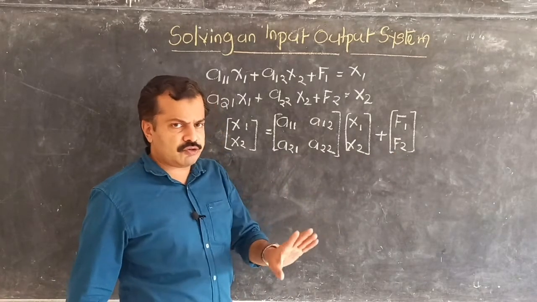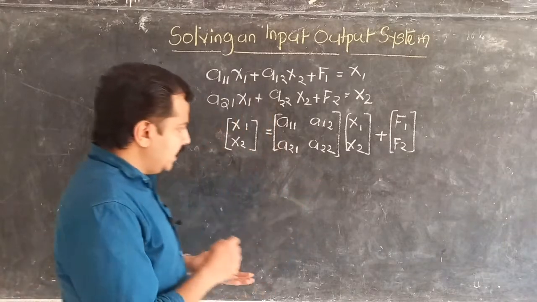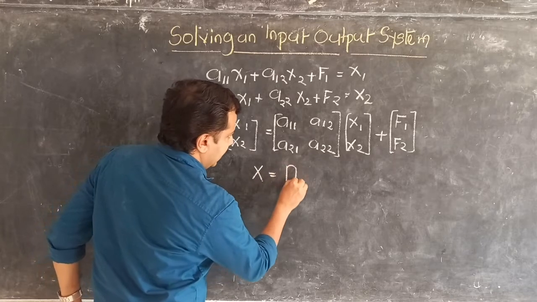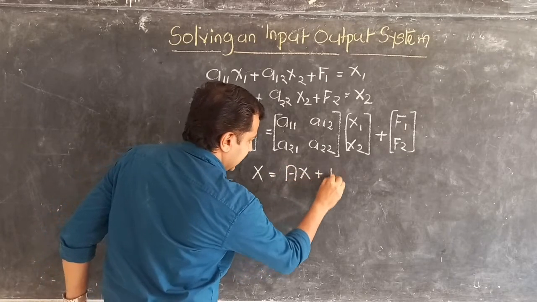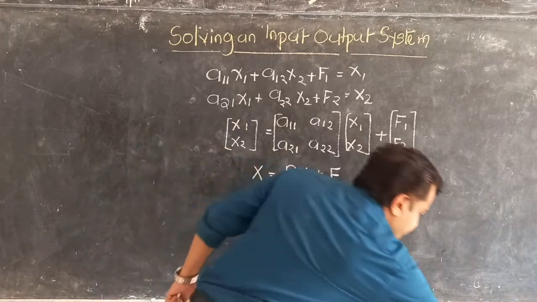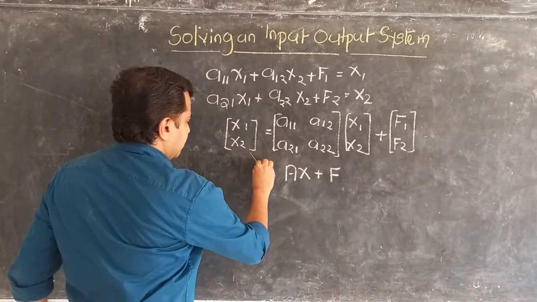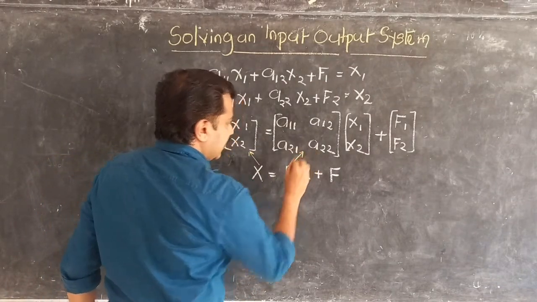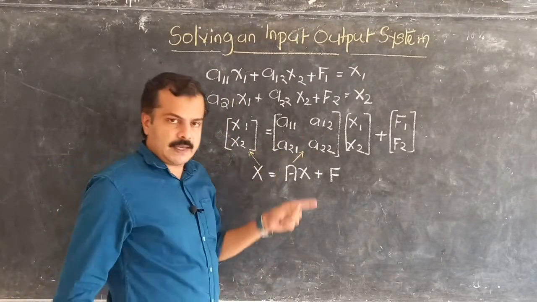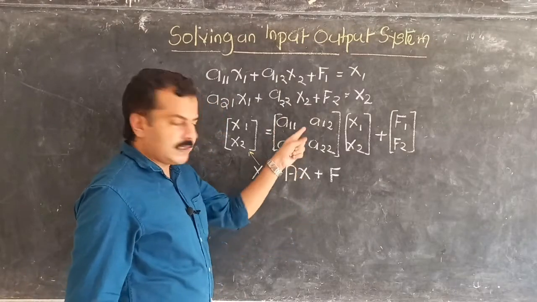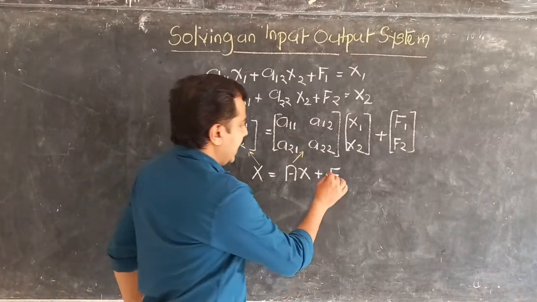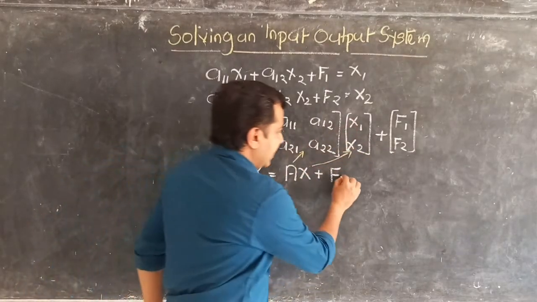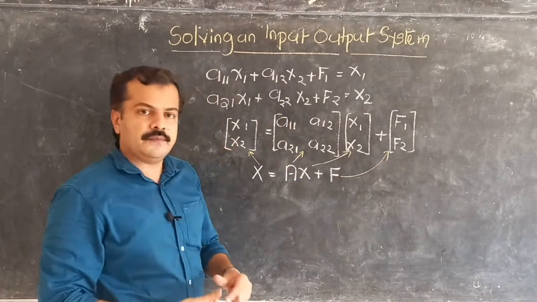So let us transform this equation into something like this: X equals AX plus F, where X is the vector of gross output, A is the square matrix of technological coefficients, and F is the vector representing the final demand.